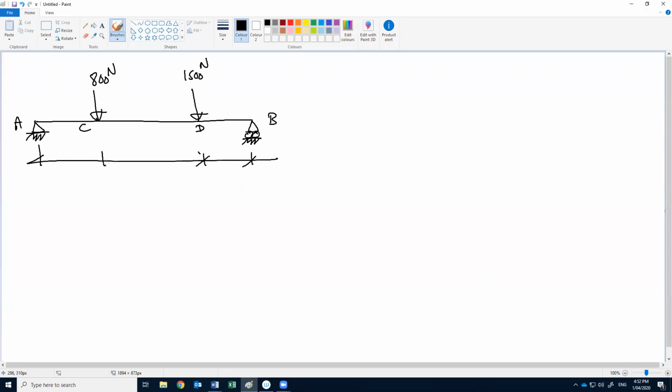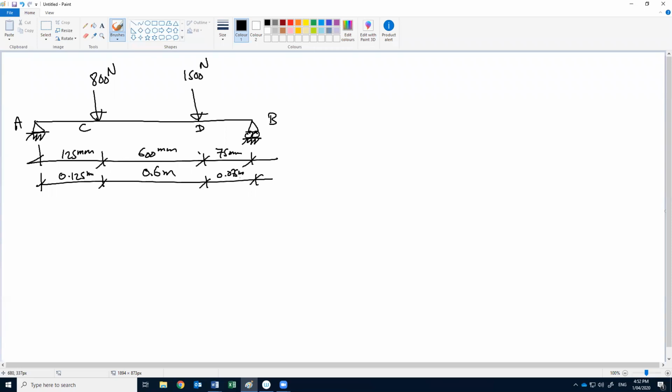These distances are 125, 600 millimeter, and 75 millimeter. To make it easy for the moment calculation, I will convert this to meter: 0.6 meter, 0.075 meter.